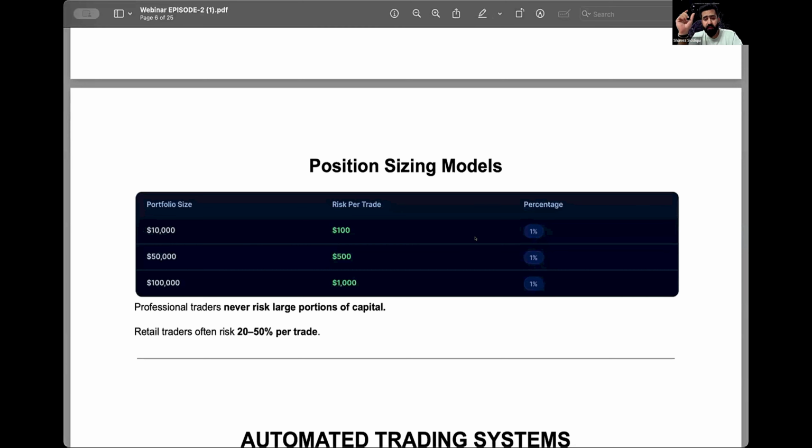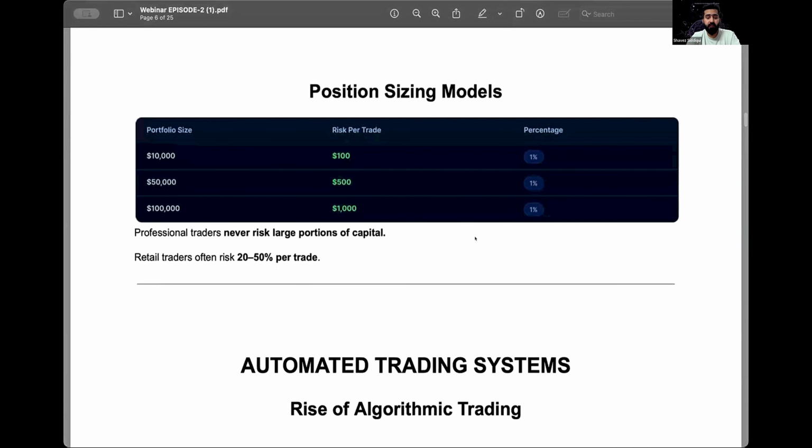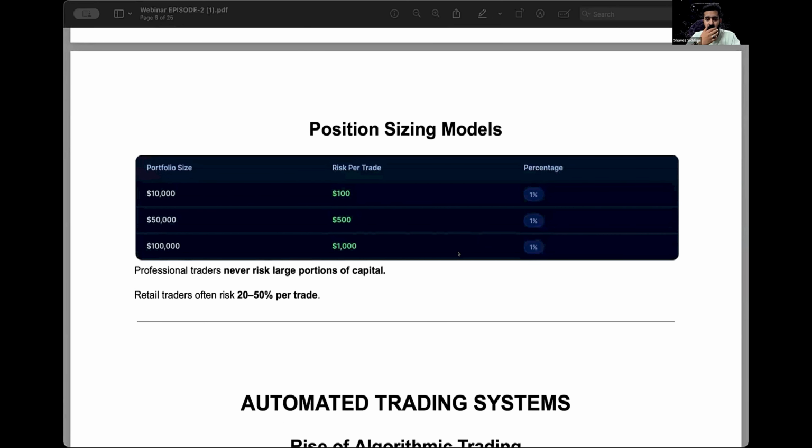They tend to lose money faster than professional traders who trade with 1% or less risk per trade. So this is one of the most prevalent reasons why position sizing determines survival in the trading industry.